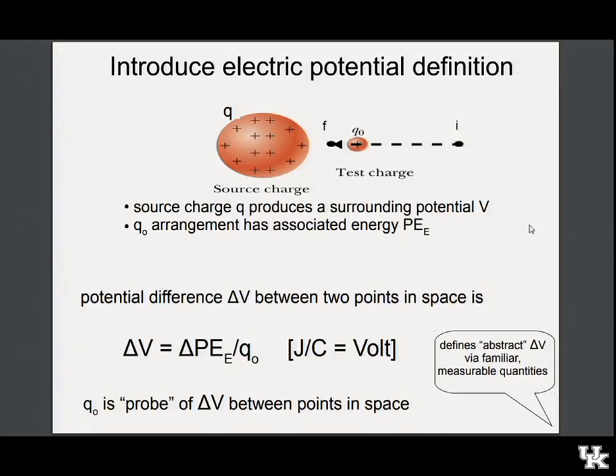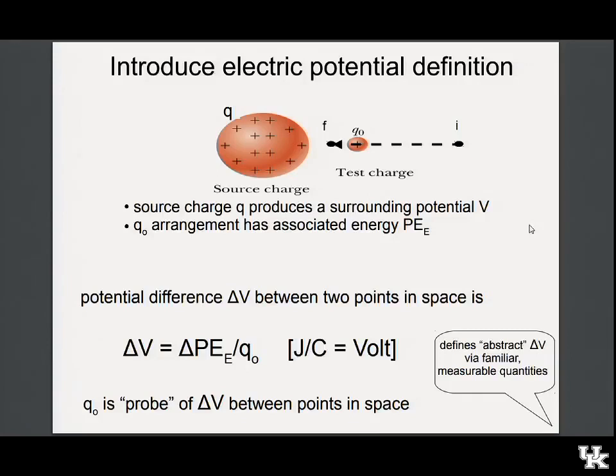Then I'm going to take my probe, this time a probe of the electrical potential, that test charge, and I'm going to walk it into the field of the source charge. So I'm going to walk it from some distance that's, say, far away. This is I for initial position. To some distance that's closer by. This is F for final position. I'm just going to walk it across the bench top here towards the Van de Graaff.